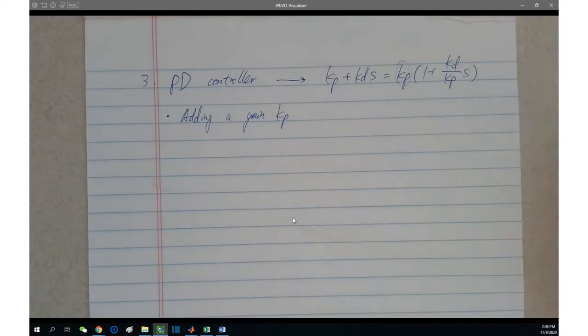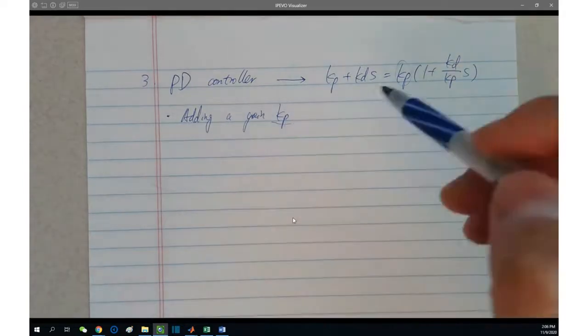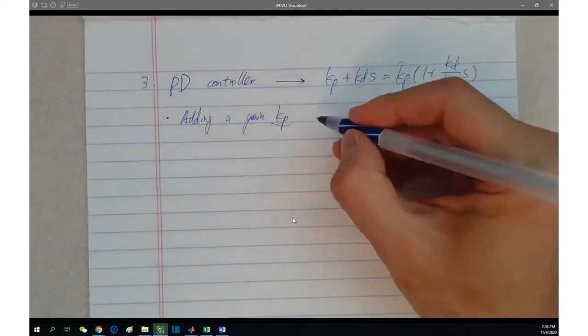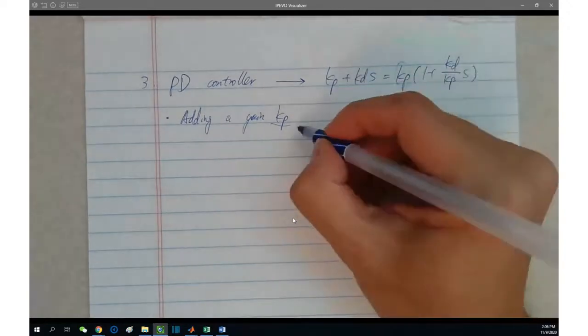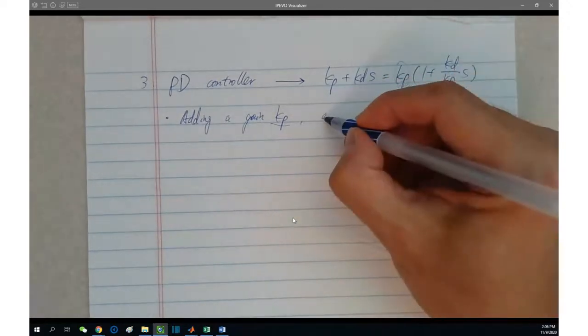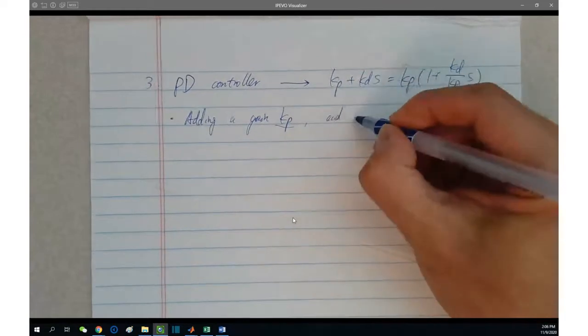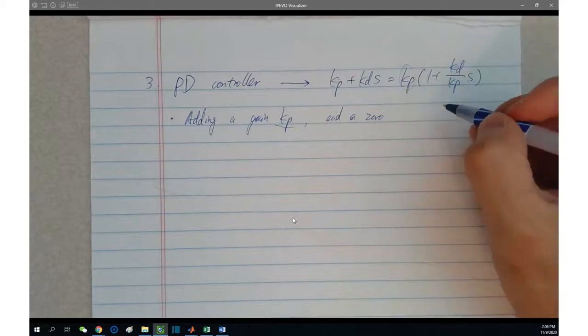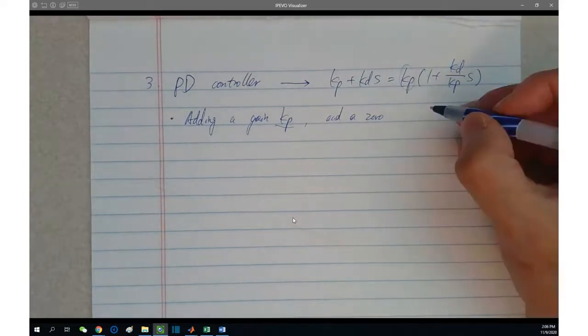These are not the same KP. You have an extra gain out of PI, and you have another extra gain out of PD. They have different KP. Adding a gain here and a zero. And the zero's value is what? What's the zero's value?